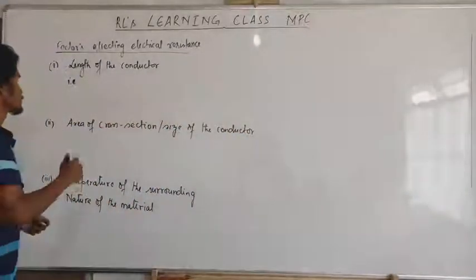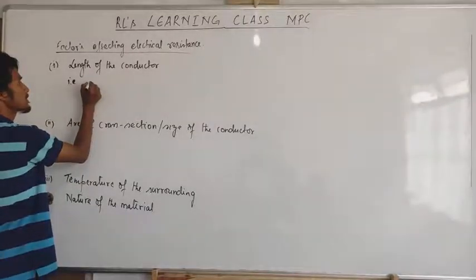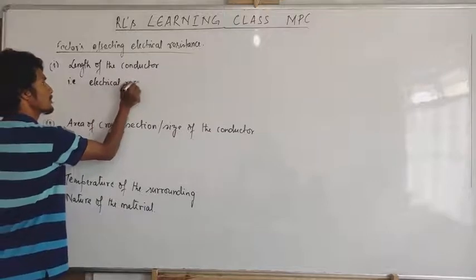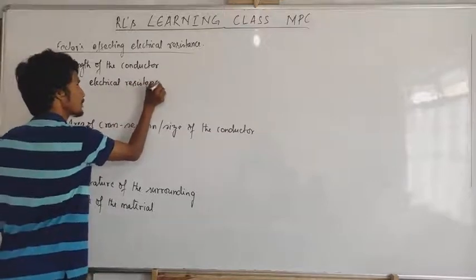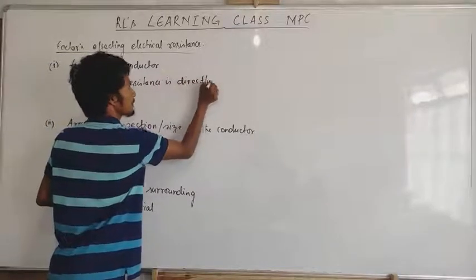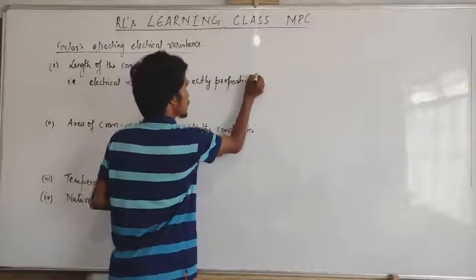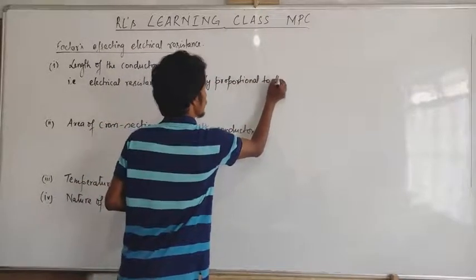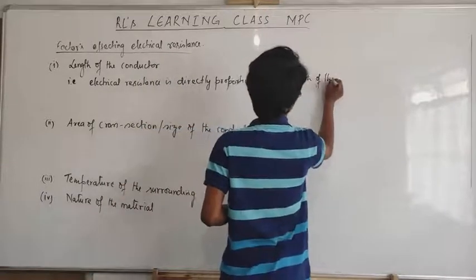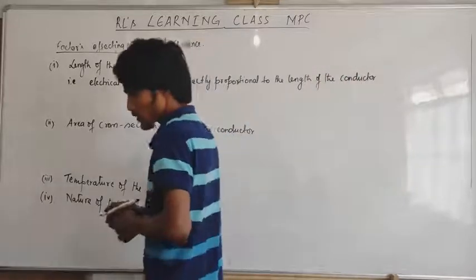Okay, what do we write here? Length of conductor. Electrical resistance is directly proportional to the length of the conductor or the wire. What is the meaning of this?